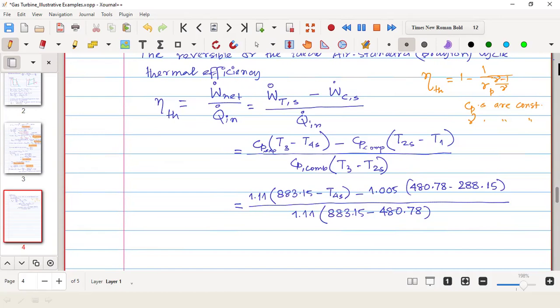Therefore, to determine the air standard efficiency, we have to determine this quantity.